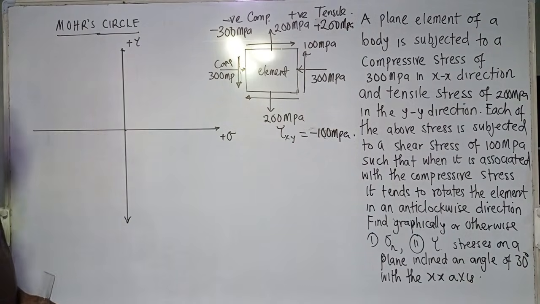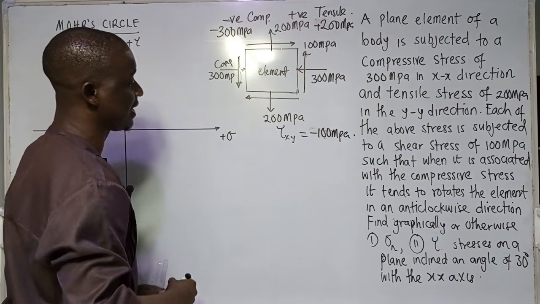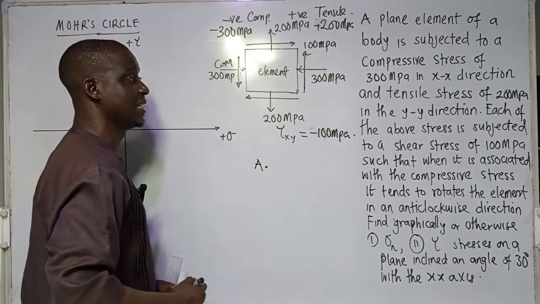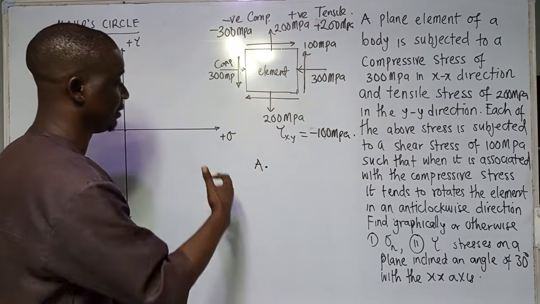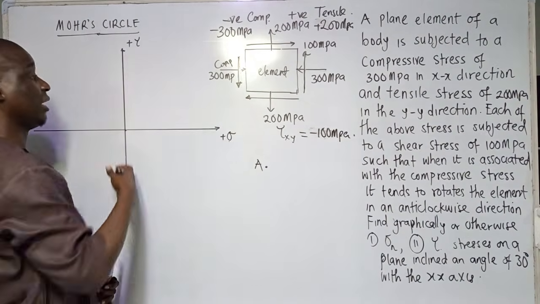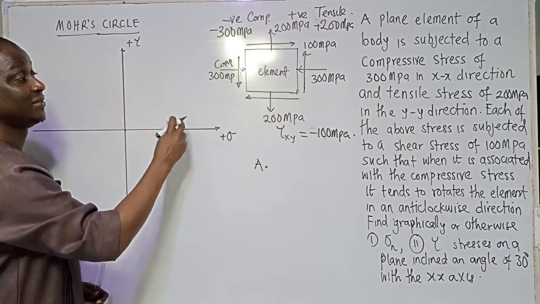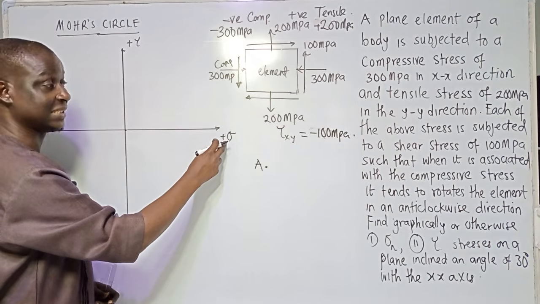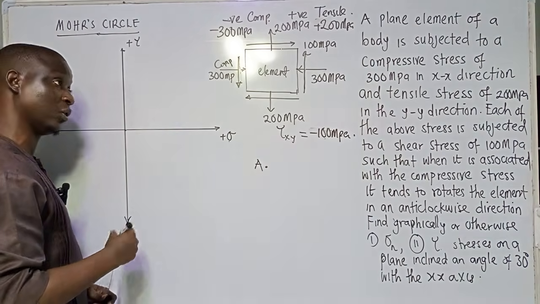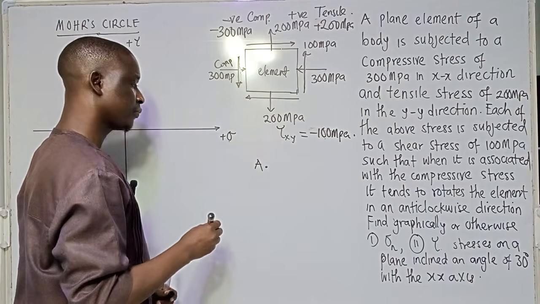Now, having done that, this is our element. Let's take our point A, for example. Let's allocate coordinates for it. Sigma is our stress, tau is our shear stress. So the shear stress is on the vertical, while the normal stresses, the principal stresses, are on the horizontal.